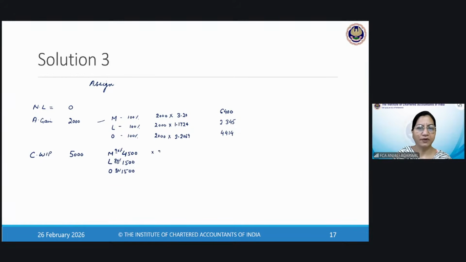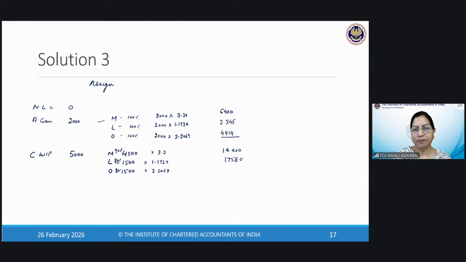So 4500 into 3.20, 1500 into 1.1724, and 1500 into 2.2069. 4500 into 3.2 will give you 14,400. 1500 into 1.1724 will give you 1758.60.